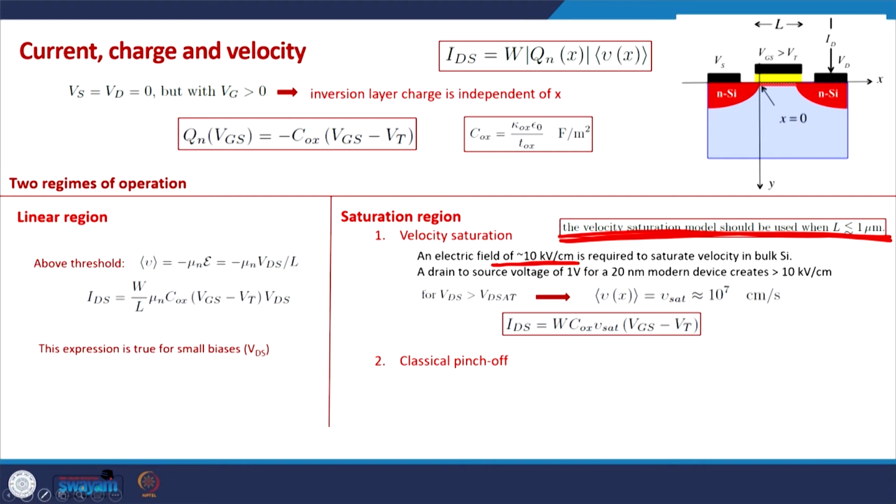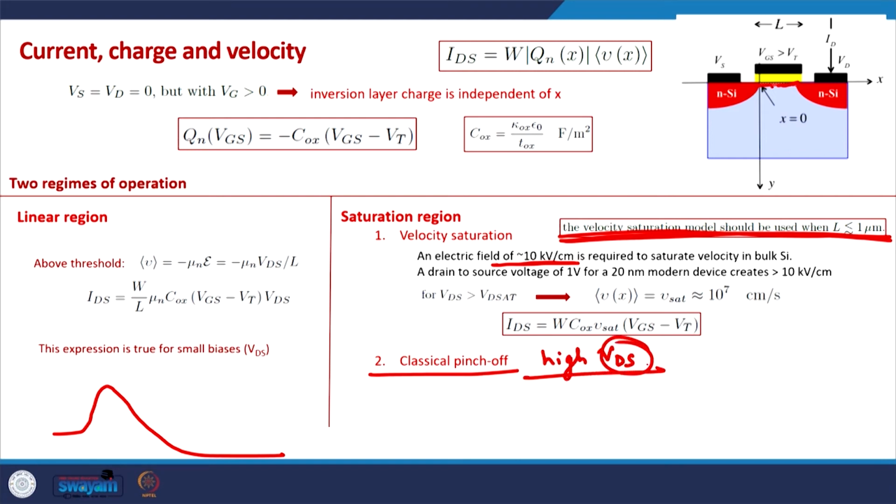Now, let us consider the case of classical pinch off. Classical pinch off means that we have a long channel, but because of the high drain voltage the channel is getting pinched off from the drain side. So, in this case, this barrier shape will be, and this happens at high VDS.